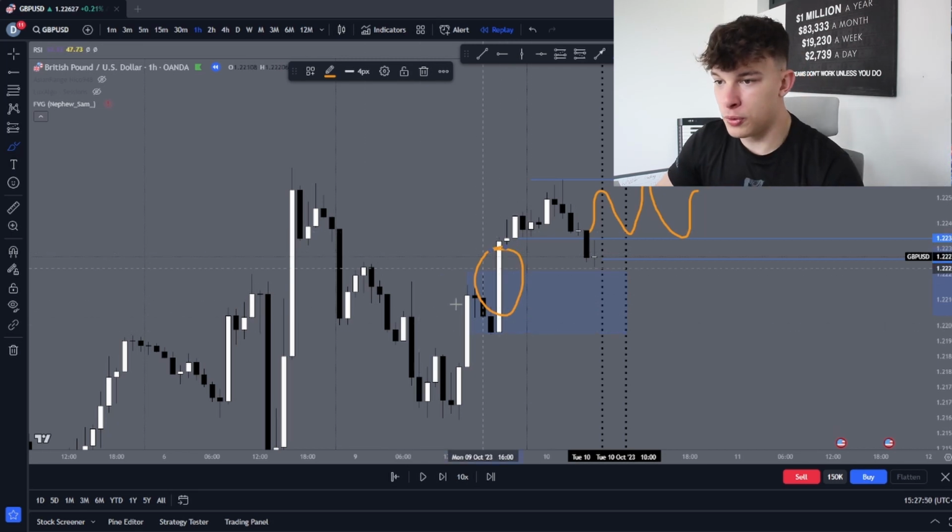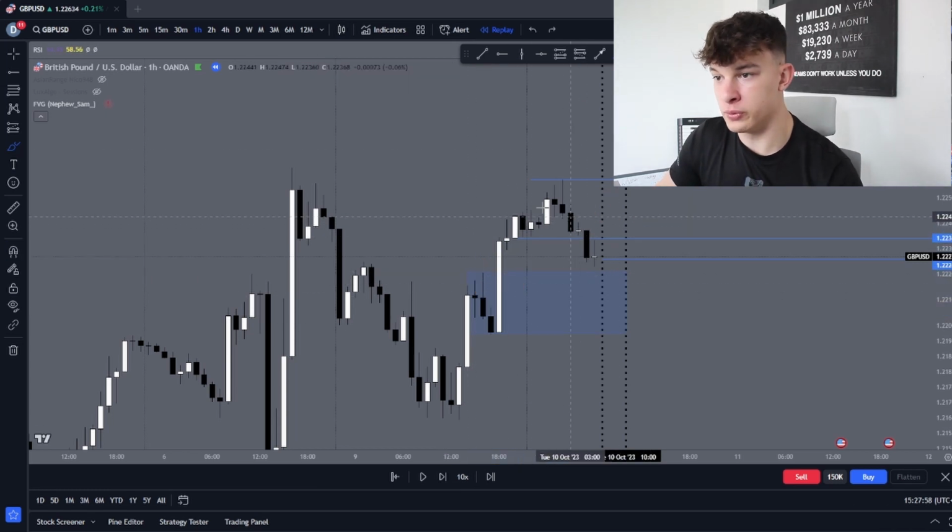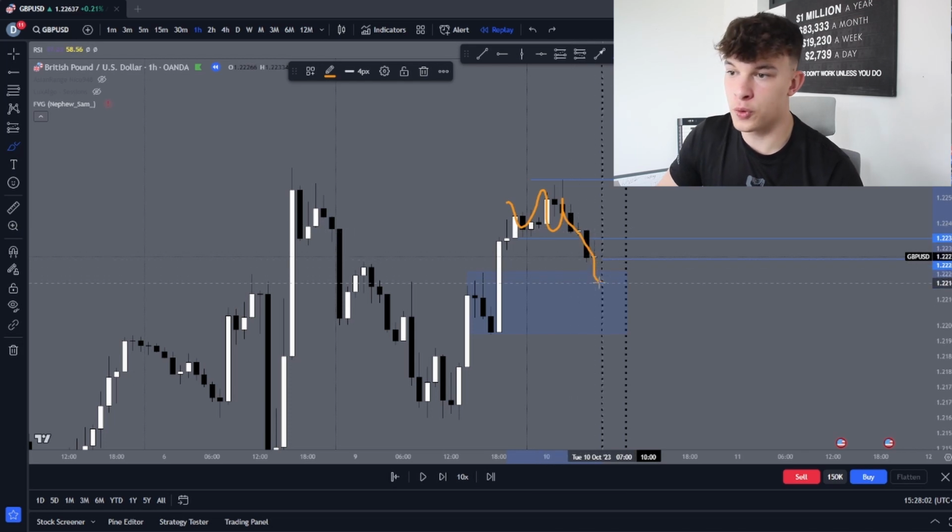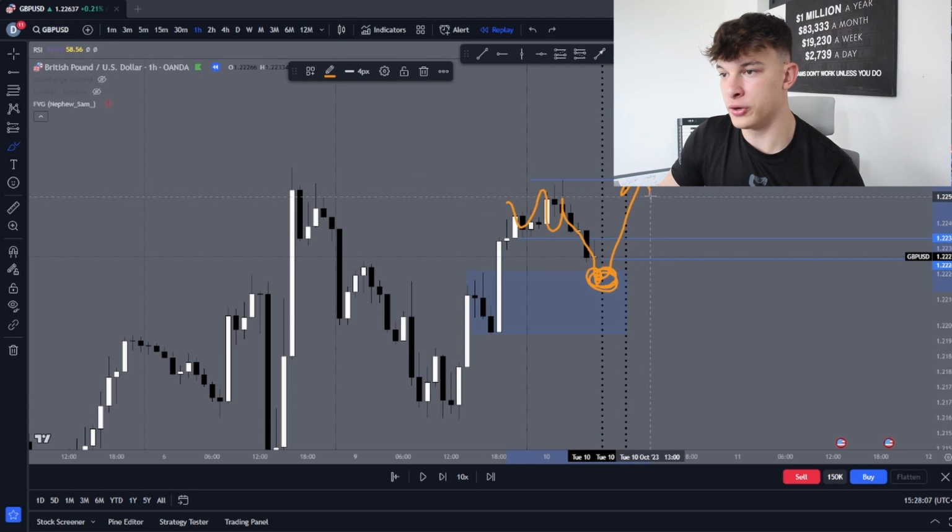There was also an order block, breaker block, whatever you want to call it, in the market, which I've marked out in the blue box. My idea for the session was that we would come down after this consolidation, sweep liquidity, probably test into this order block, and then look to push higher up.